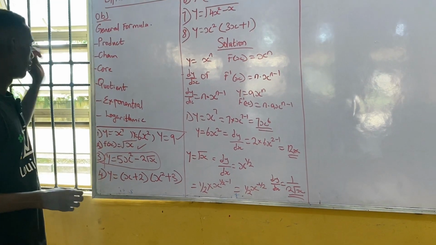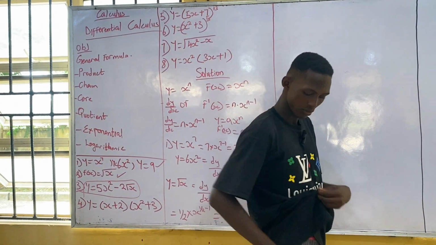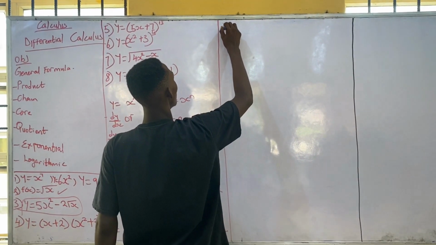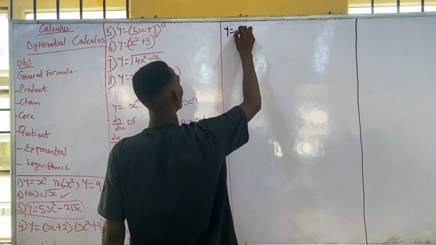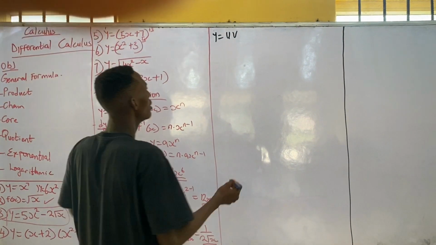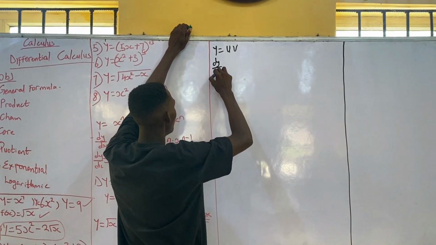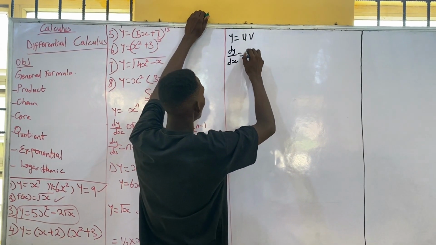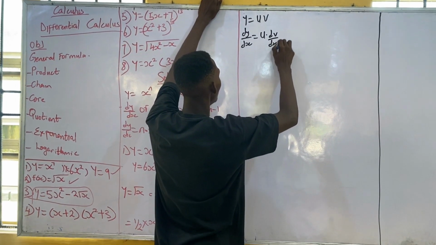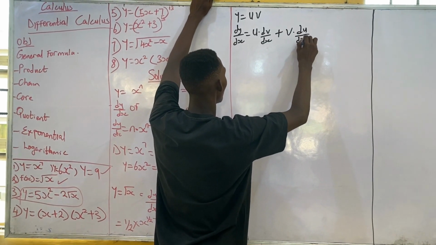Now, for the product rule. There is a format for the product rule. So for the product rule, when you have y is equal to uv, that's u times v, if you are to find dy/dx, our dy over dx is equal to u times the derivative of v plus v times the derivative of u over dx.